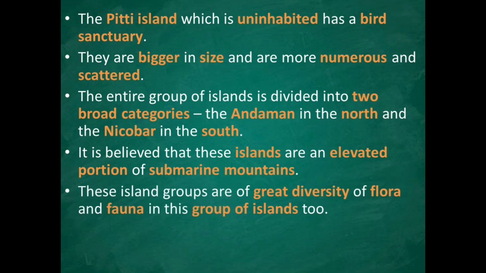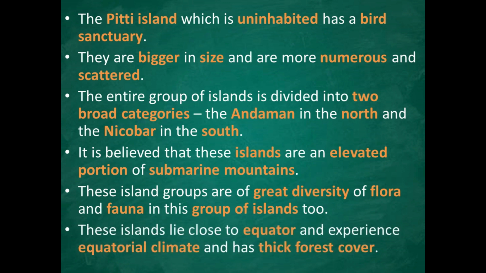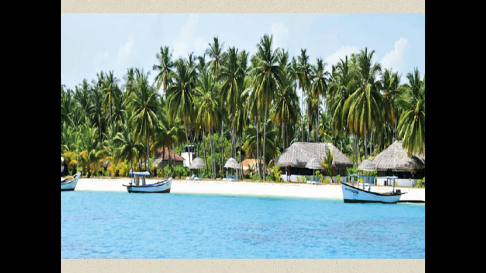These island groups have great diversity of flora and fauna too. These islands lie close to the equator and experience equatorial climate and a thick forest cover. This is the picture of Andaman.